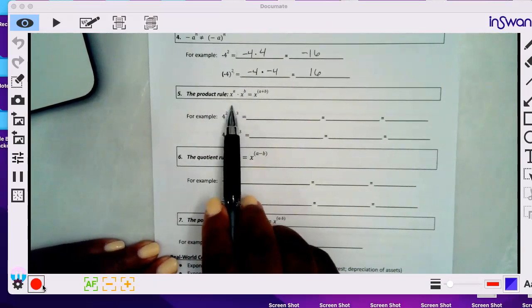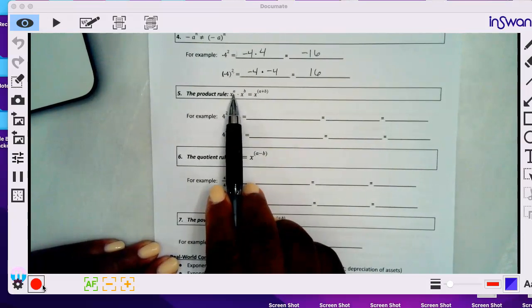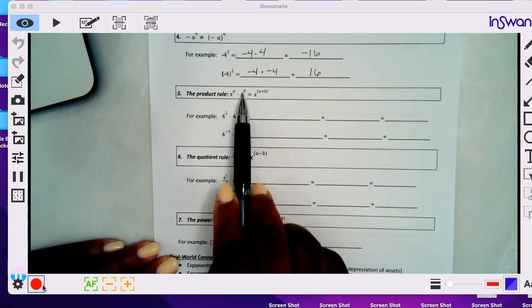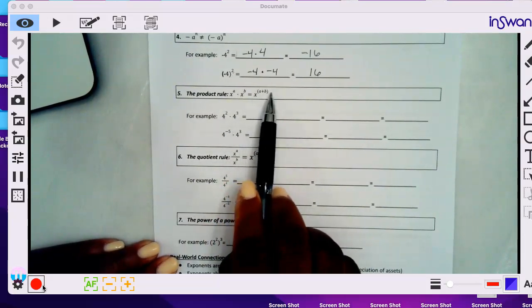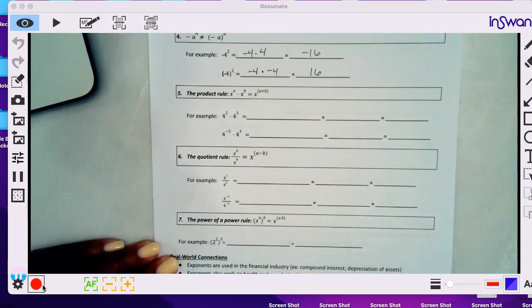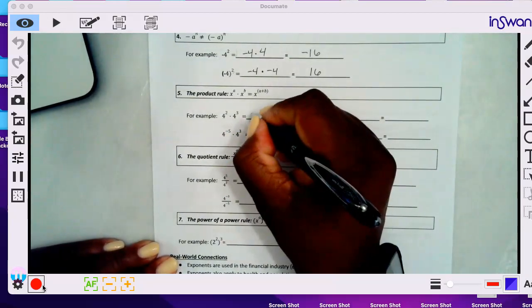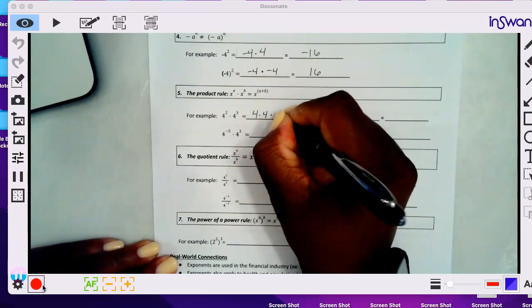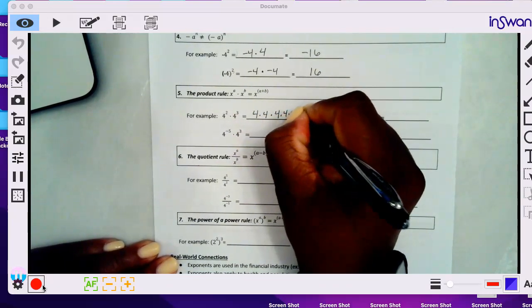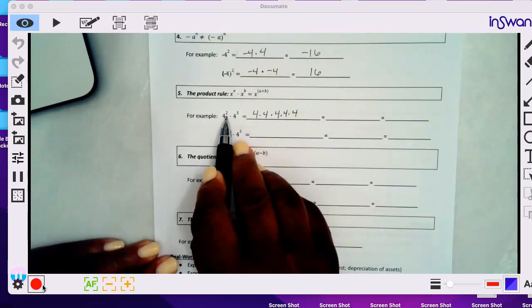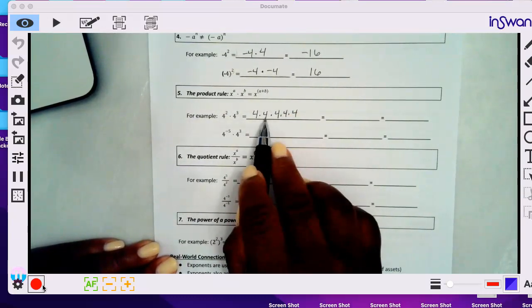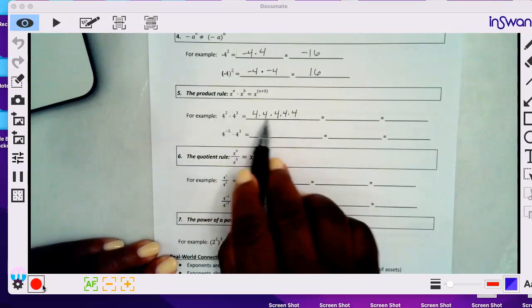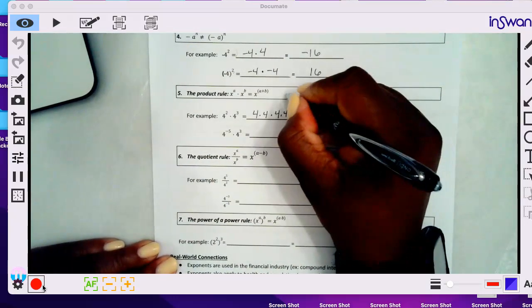Rule 5, the product rule. x to the a power times x to the b power equals x to the a plus b power. So this is the same thing as saying 4 times 4 times 4 times 4 times 4. That's 2 and 3. That's the first 2. That's the last 3. Here we know that we're going to add the exponents.